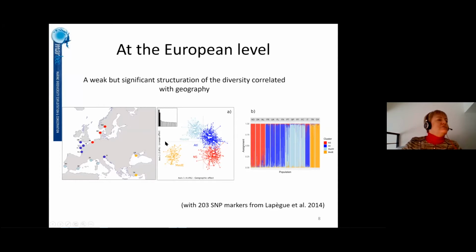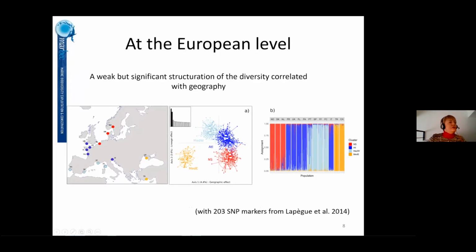On the second axis, we see a second pattern, with a grouping of those clusters of populations that are inside the range of distribution, and clusters of populations that are at the end of the range of the distribution.